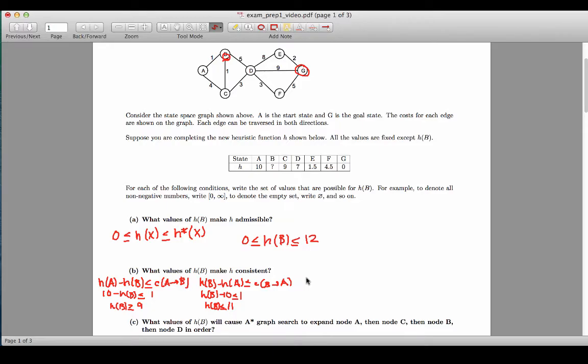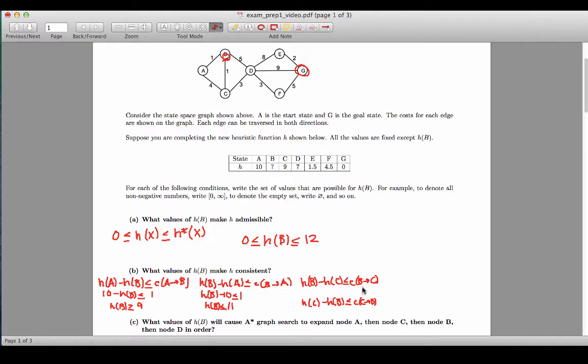Okay, now let's consider the next neighbor of b. So let's pick c. We know that the difference in the heuristic between b and c should be less than or equal to the cost from b to c. And also, since the cost from b to c is equal to the cost from c to b, we also know that h of c minus h of b should be less than or equal to the same cost from c to b.